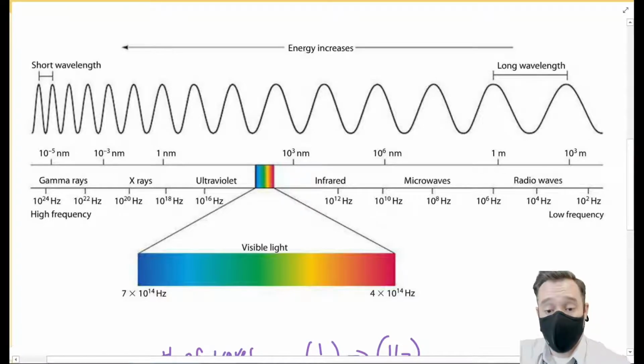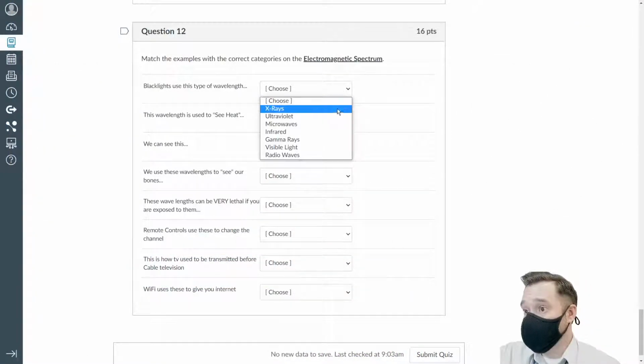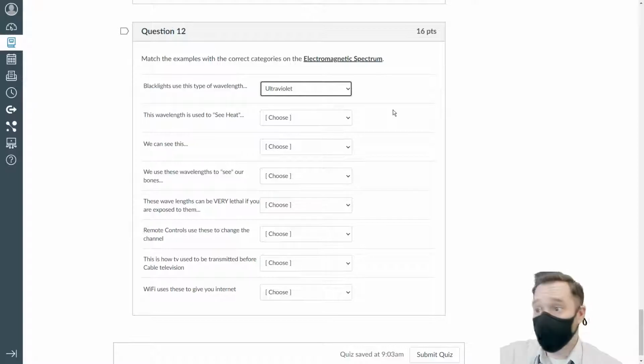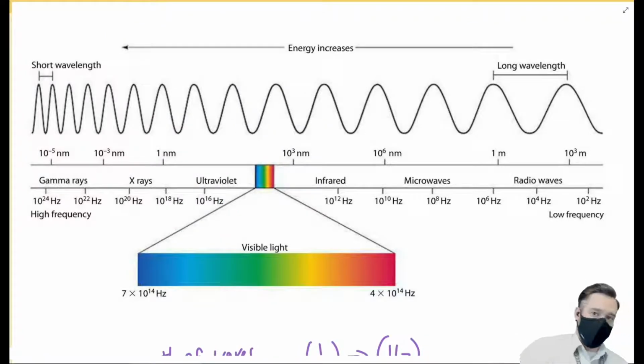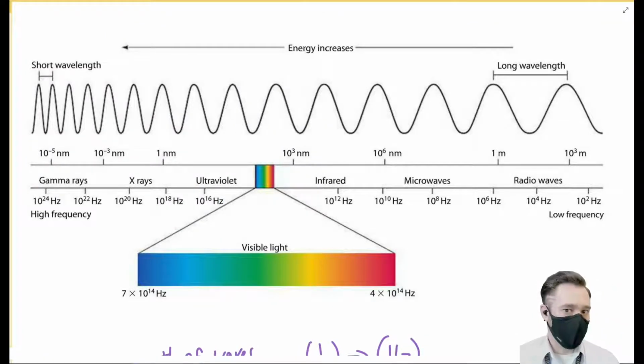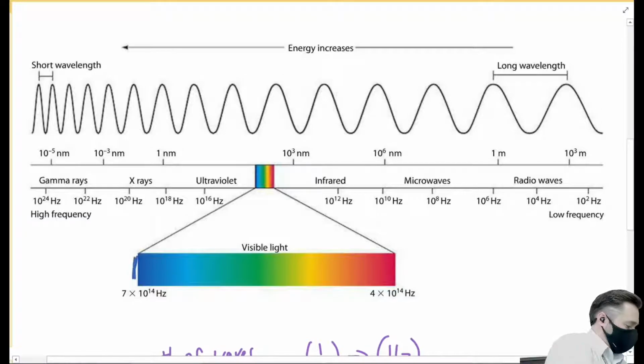So we're going to choose ultraviolet, UV. And if you kind of forget, black lights typically show up as purple. Purple is over here on the electromagnetic spectrum, near the shorter wavelength side.